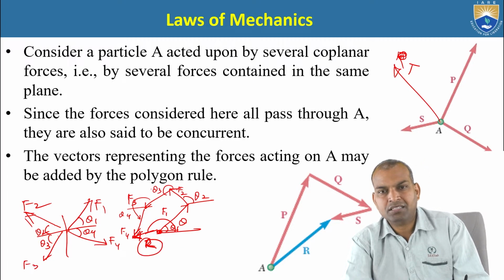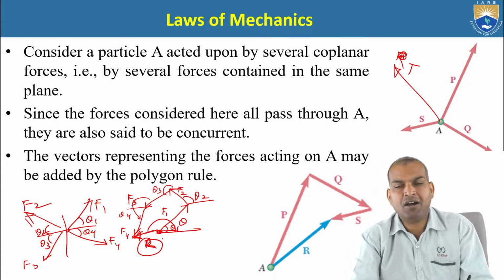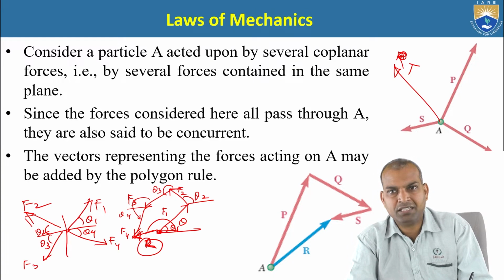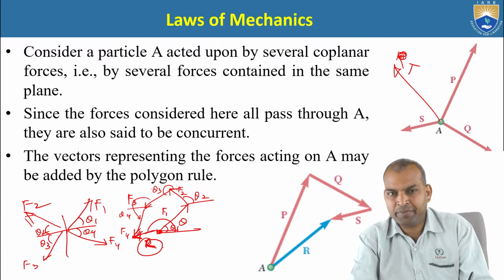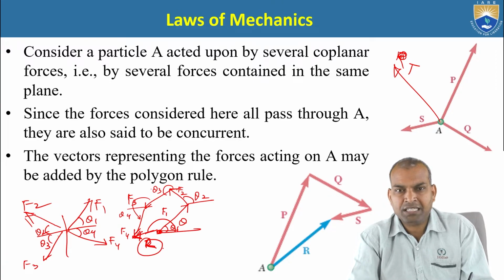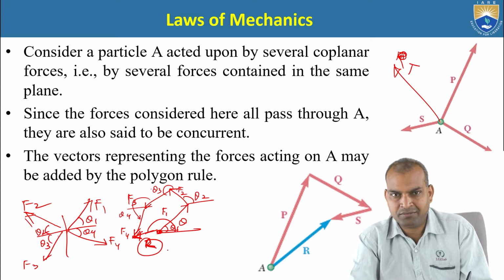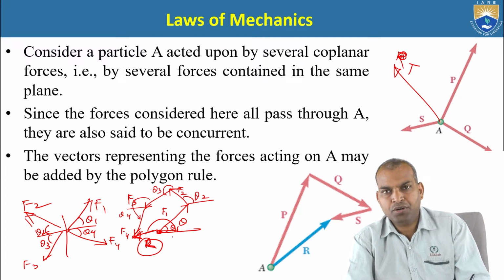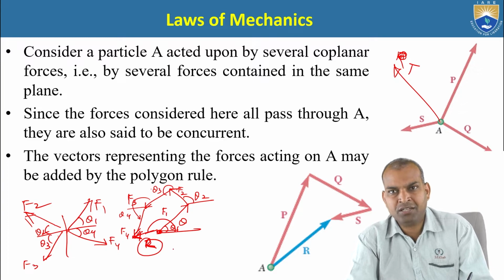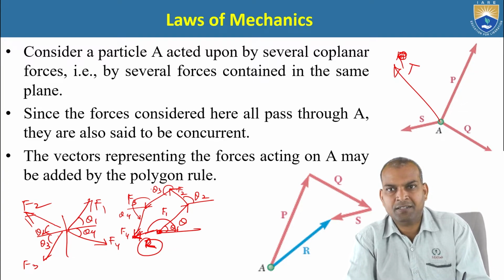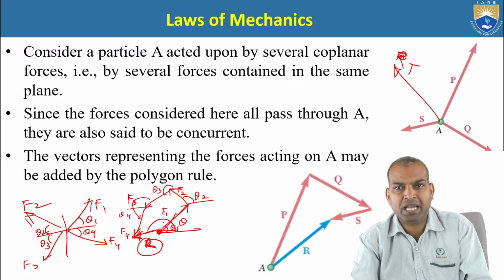That R is the same as the R which we calculated by using the analytical method. But the analytical method is more accurate than the graphical method, so a small percentage of error may occur, because in the graphical method we consider lengths, and even 1 millimeter affects the resultant force.